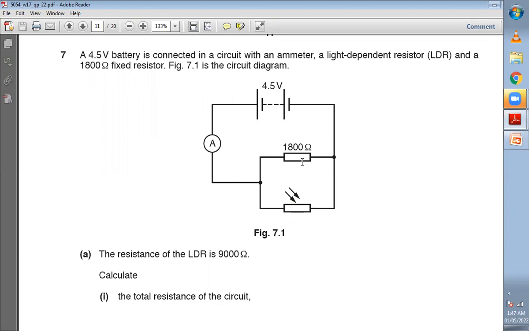Remember one concept, which is very important: these two are connected parallel to each other. So on both of them, the potential drop will be the same. There is no other resistance connected here, so whatever the EMF is, the same voltage drop will be on both of these. So this one individually will have a 4.5 volt drop, and this one also will have a 4.5 volt drop.